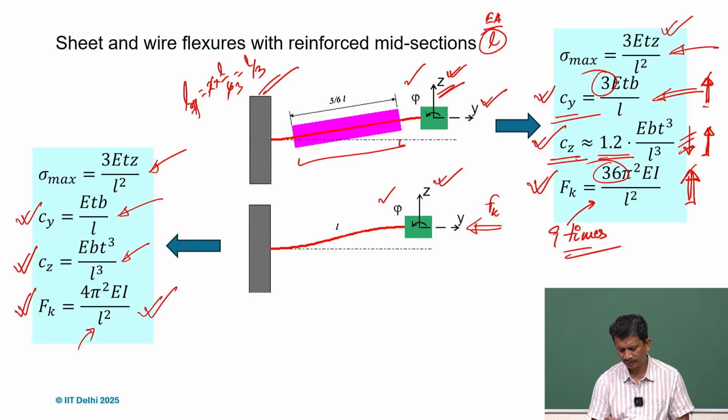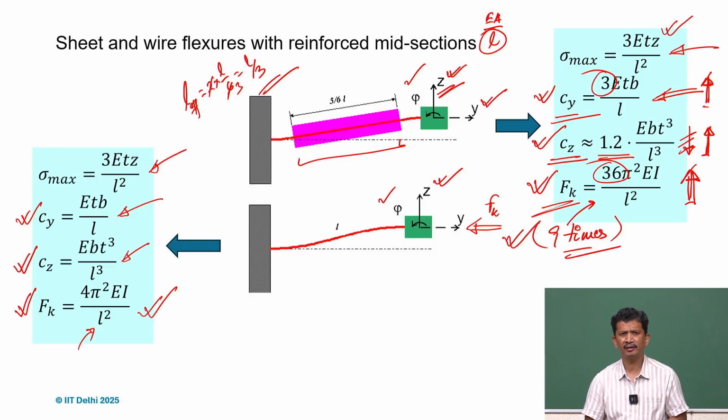Yes, we are losing Cz, so compliance has reduced, so the stiffness has increased, 20% more. So here we are losing something, 20%. But in terms of the load bearing capacity, we are gaining a lot, 9 times.